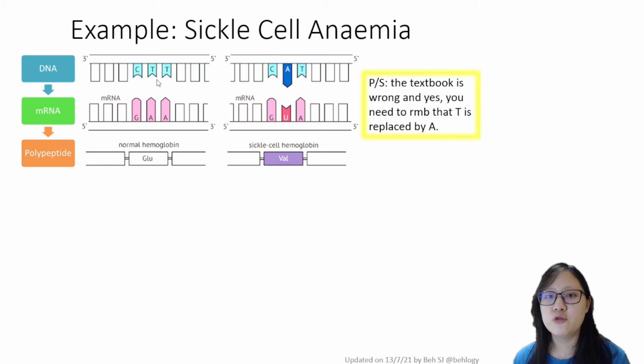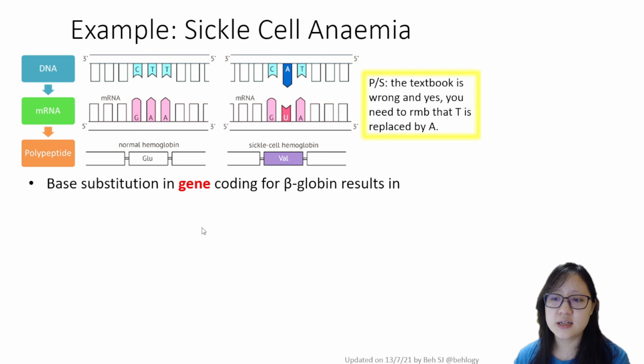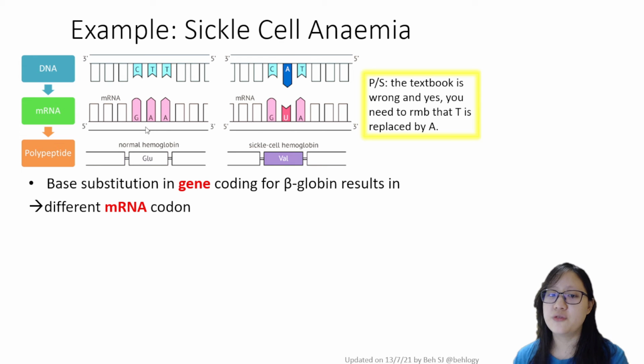So A replaces T. If you're using the textbook, especially the green one from Cambridge, the textbook has a typo and is wrong. And yes, you do need to remember that CTT is converted to CAT. You need to remember that this is the mutation. Now, what happens here is that a different mRNA codon is formed.